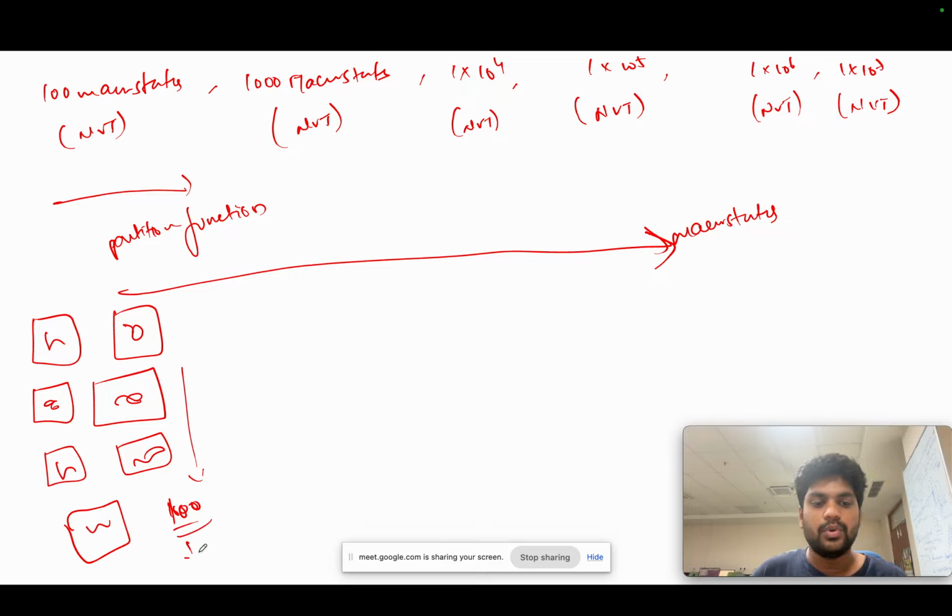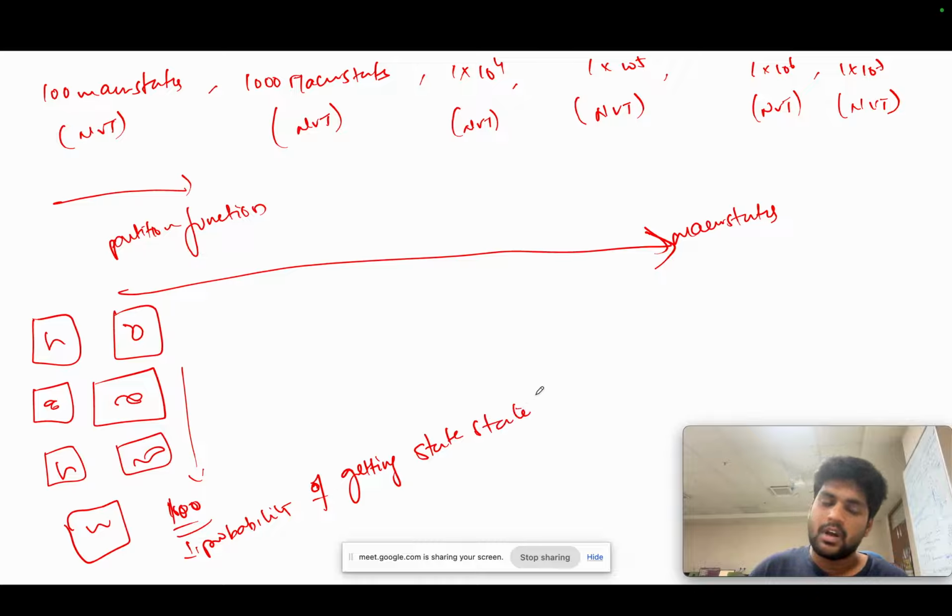100 structures, the probability of getting the stable state, assume that this is the stable state, or might be this is the stable state.